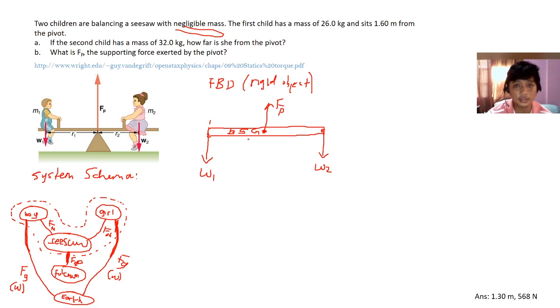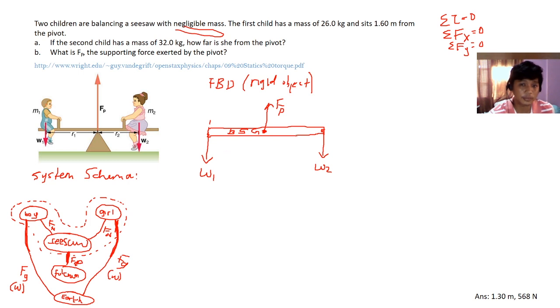Now, this system is in equilibrium, so I'm just going to write down the conditions for equilibrium. The sum of all torques is equal to 0, and the sum of all forces along the x is equal to 0. The sum of all forces along the y is equal to 0. I'll not even bother writing the sum of all forces along z because this seems to be a two-dimensional problem, not a three-dimensional one, which is pretty common in basic physics. We start off with two-dimensional problems.